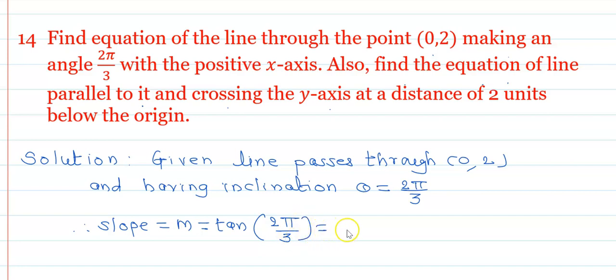Tan of 2 pi by 3 means tan of 120 degrees, because pi means 180, 180 upon 3 means 60, 60 into 2 is 120. And to find out the value, tan of pi by 2 plus 30 degrees.